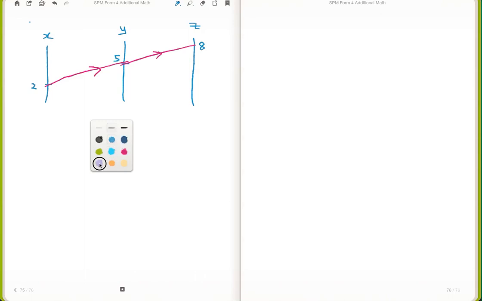So here, how could you interpret that? x, under function h, you get y. y, under function g, you get z, in function notation.